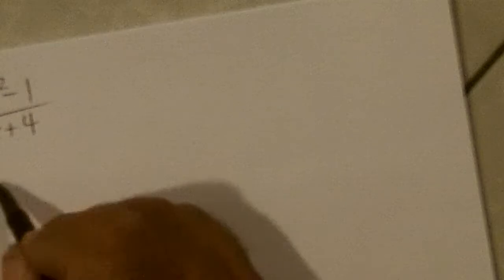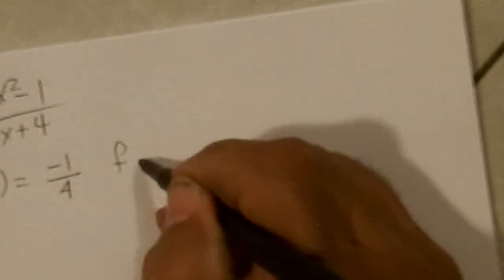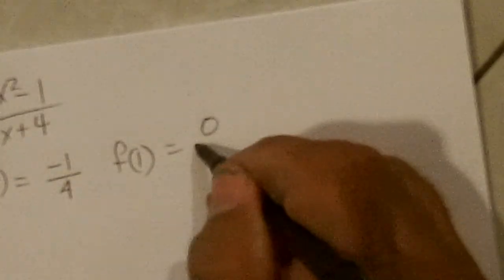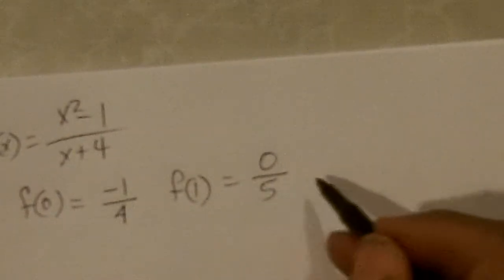So if I put in 0, f of 0 is going to be 0 minus 1, or minus 1, over 0 plus 4, which is 4. F of 1, I put in 1 and I'm going to get 1 squared, which is 1 minus 1, it says 0, over 1 plus 4 is 5, which is 0.